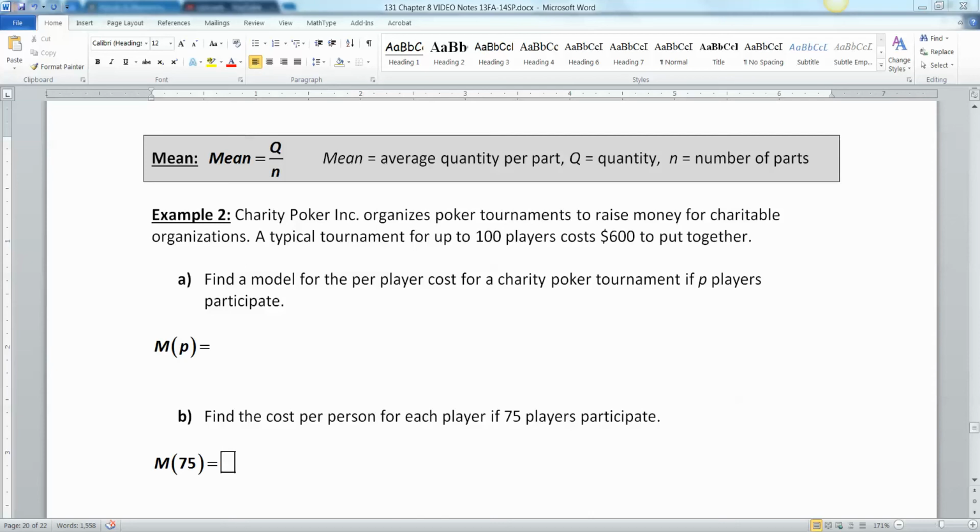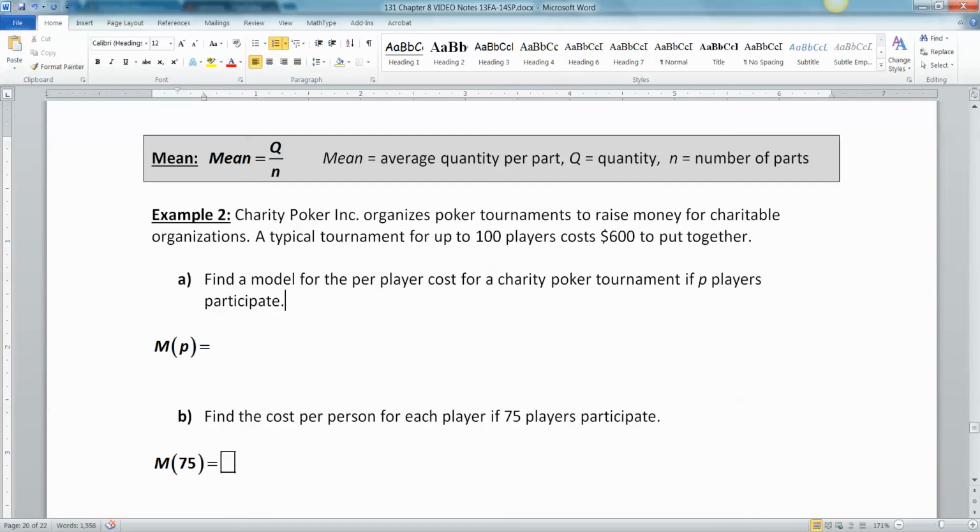Okay, so we have Charity Poker Inc. It organizes poker tournaments that raise money for charitable organizations. A typical tournament for up to 100 players costs $600 to put together. Find a model for the per player cost for a charity poker tournament if P players participate.